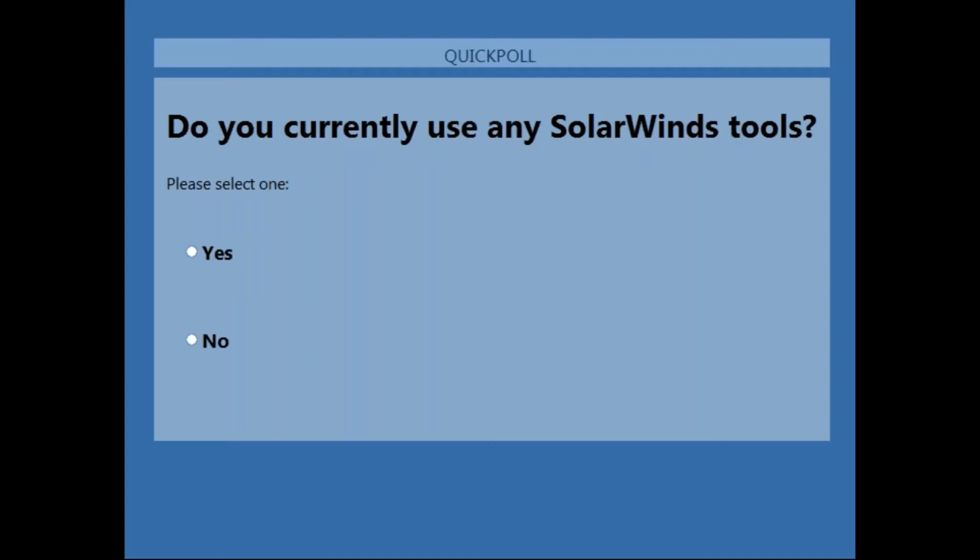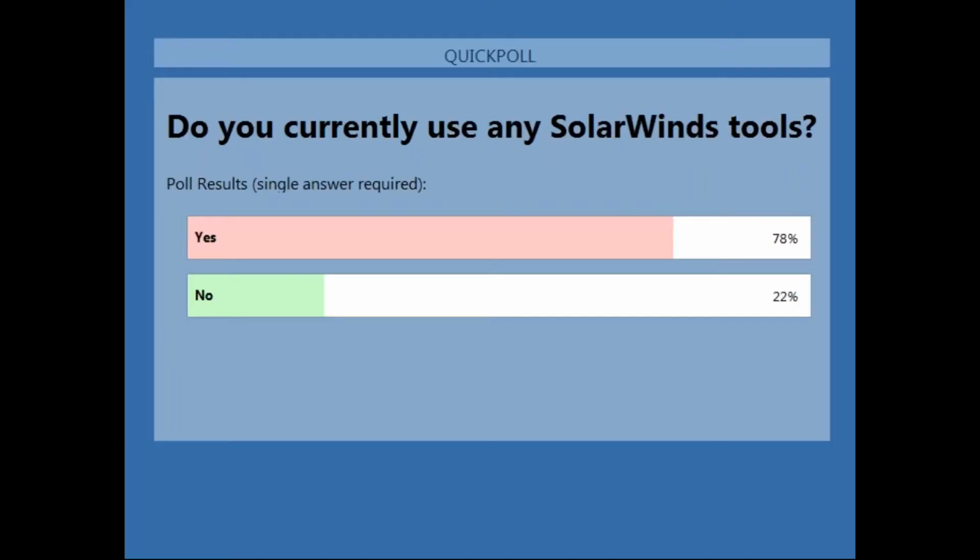I think we have a few answers now, so let's close this poll. Here are the results. The majority of the attendees today have SolarWinds or use SolarWinds tools. So I'm hopeful that they're going to get perhaps a bit more out of this than those that haven't had any sort of exposure previously to SolarWinds.